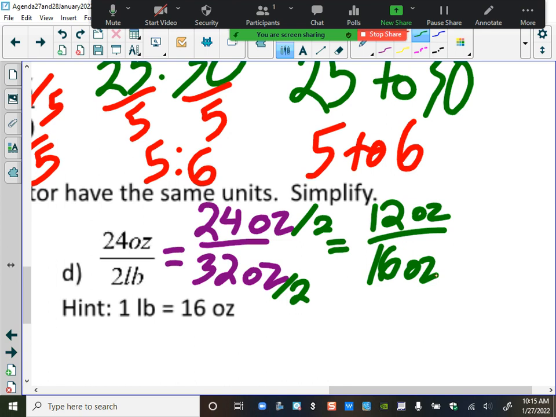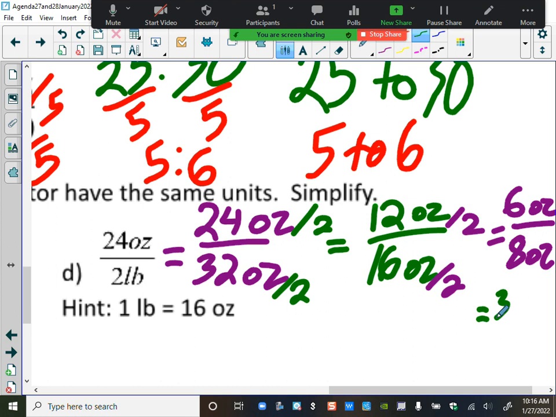You get 6 over 8. Yup. But then you can simplify 6 over 8 again. So would that be the right way? Well, the goal is you want to try to divide both numbers by the largest possible number.